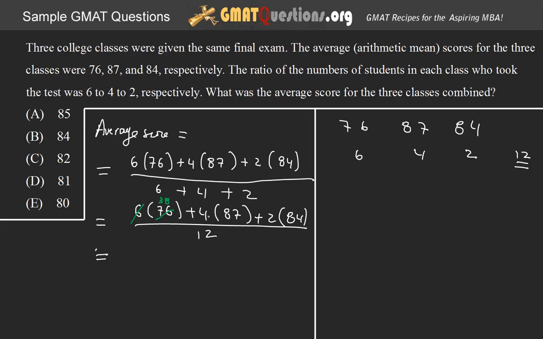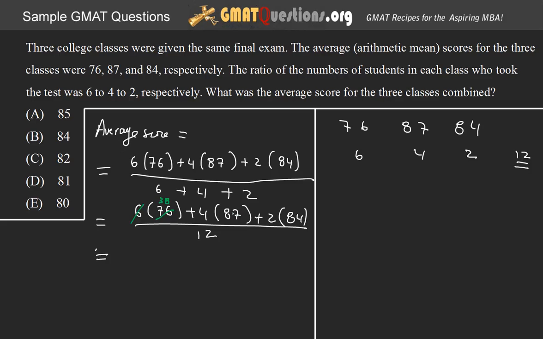And we have 4 here, and we need a 3. 4 times 3 is 12. We need a 3 from 87. 8 plus 7 is 15, so 87 is divisible by 3 because the sum of its digits is divisible by 3.